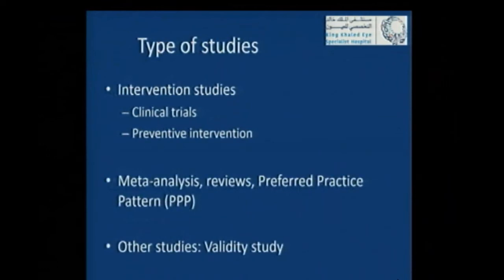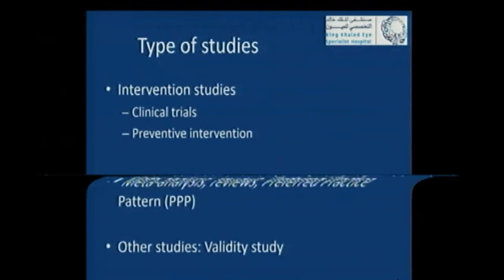But there are other studies in which a researcher is doing an intervention, and they are clinical trials and public health interventions. We will go into detail to have a better explanation of that. And then newer studies or more solid evidence are collected from meta-analysis, invited reviews, and finally, preferred practice pattern.